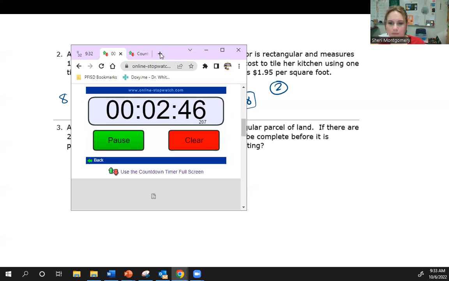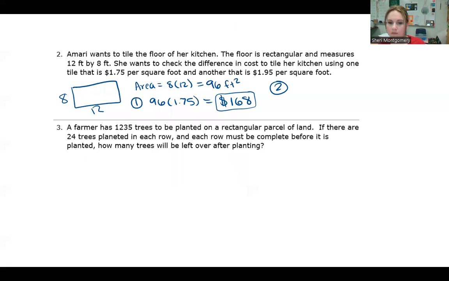What do you mean by 24 trees? So you gotta have 24 trees, and then another 24 trees, and another 24 trees. They can't plant them unless there's at least 24 trees. So it's saying there's gonna be some left over. You're gonna have, I don't know, 47 rows of trees, and then you're gonna have 3 left over or whatever. So you're just finding how many are left over.